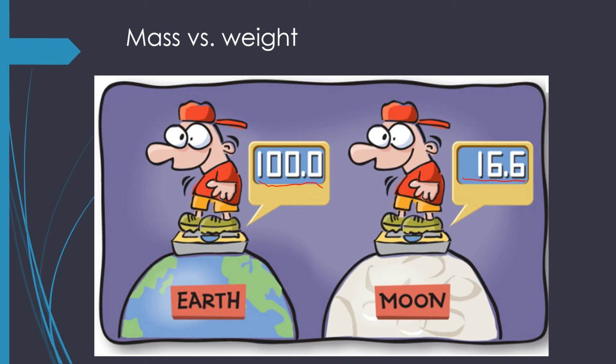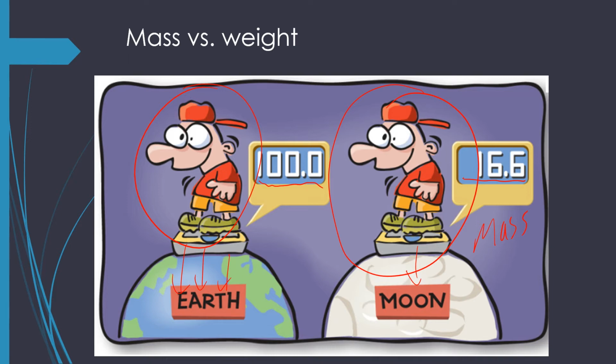So doesn't it make sense that what's in this person didn't change from the Earth to the moon, and that there should be some representation of the stuff that's inside of him? We call that stuff inside of him the mass. So mass is unaffected by gravitational pull. Even though the Earth has more gravity pulling down on him, and that's why he weighs more on Earth than the moon, which has very little gravity, there should be some measurement of the amount of stuff inside of him, the little particles and material that makes up the person.